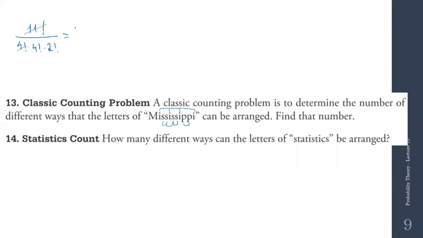We have 5, 6, 7, 8, 9, 10, 11 divided by 4 factorial, 1, 2, 3, and 4, and 2 factorial, 1 and 2. We can have 2 times 4 gives us 8, and 2 and 3 gives us 6. So we have 5 times 7 times 9, 10, and 11. Let's calculate this number.